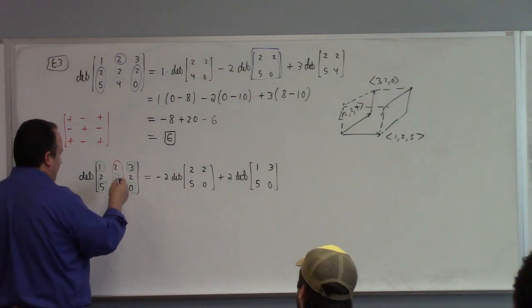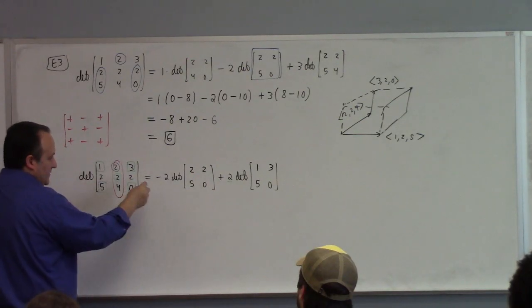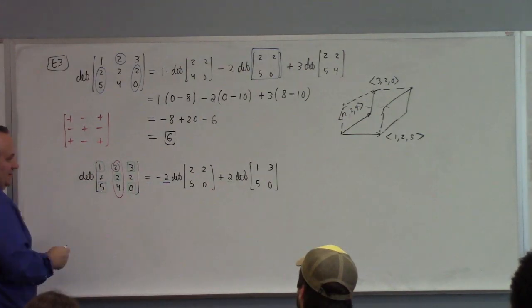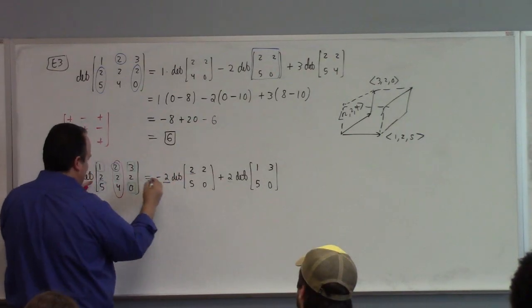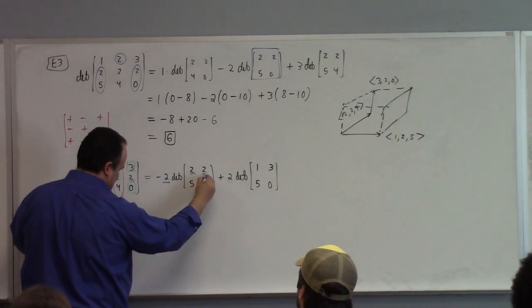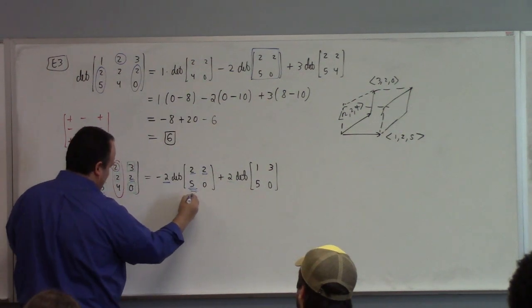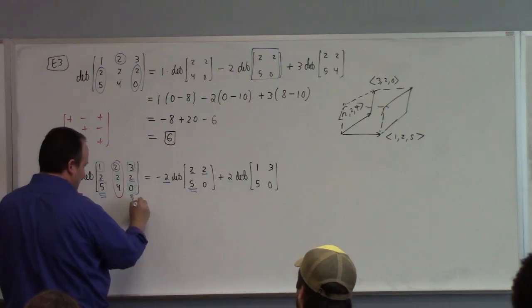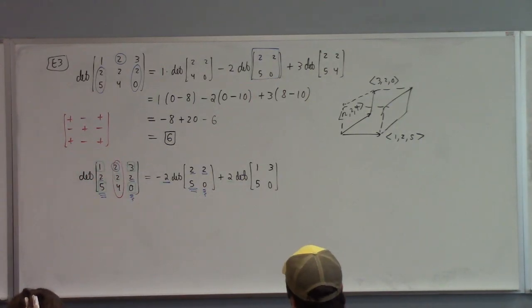I really should have all different numbers for best effect here, but it's too late. So that 2 is this 2, and this is this. This guy is that guy. And this one is this one. That's the pattern here.